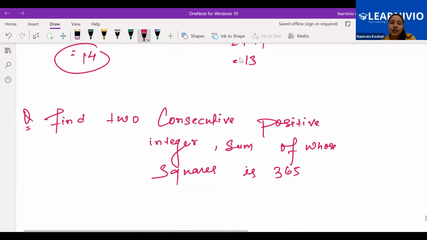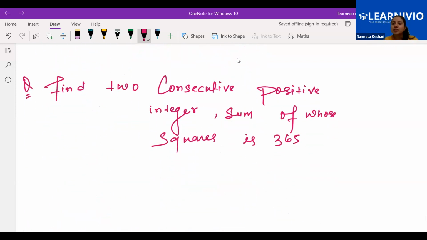Okay, now the other one, find two consecutive, back to back, next to next, positive integers. Two consecutive positive integers we can assume as x and x plus 1.